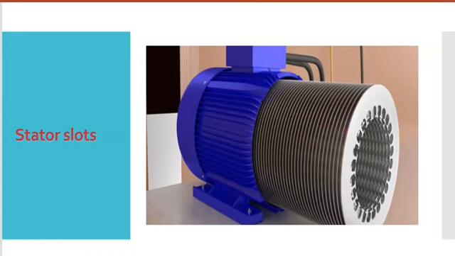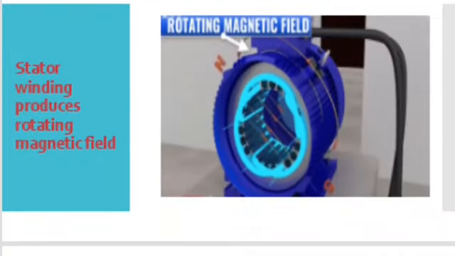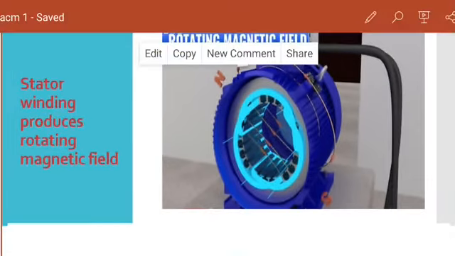Okay, now when a three-phase current passes through the winding, something very interesting happens. When a three-phase current, you can see this is the three-phase current.